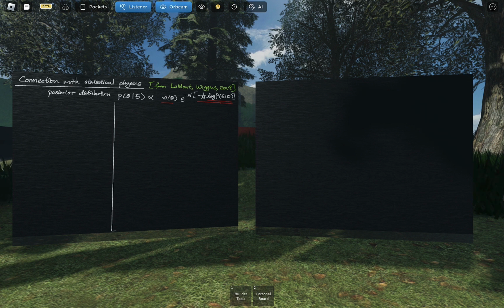Okay, so there's a function, namely this function here, which given a theta, you compute a number that improves if the theta is closer to the true model, right?